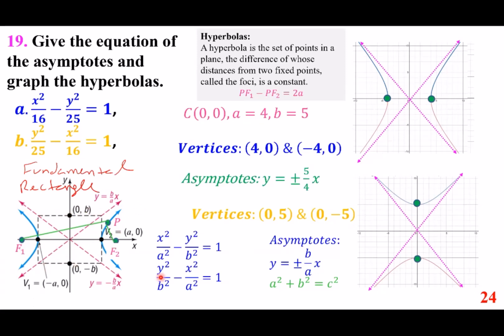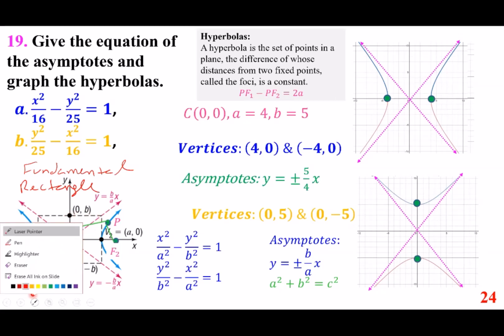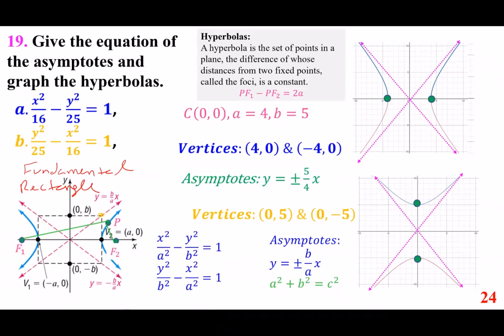And location is very simple. This one is located at A, 0. This one is located at 0, B. Therefore, it's located at A, B in general. A, comma B. So what would this one be?